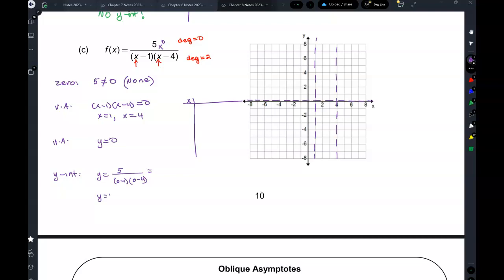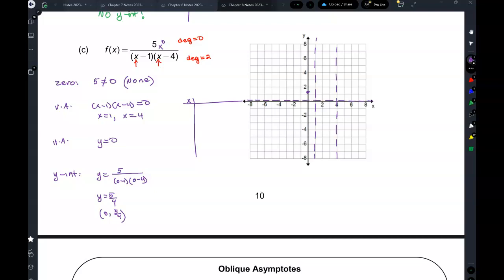That's 5 over 1 times 4, since 0 minus 1 is -1 and 0 minus 4 is -4. So it's 5/4, 1 1/4.